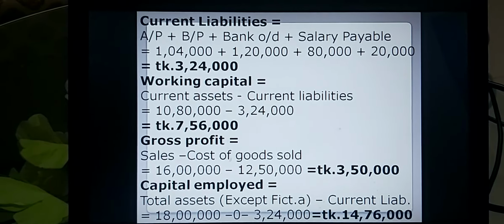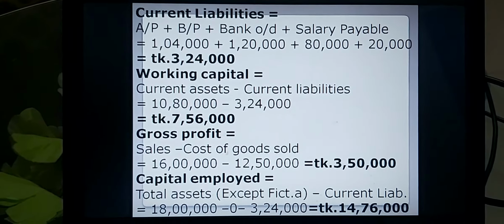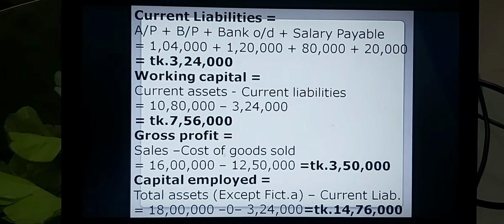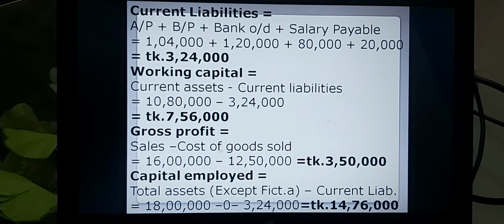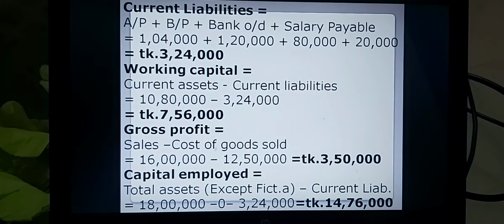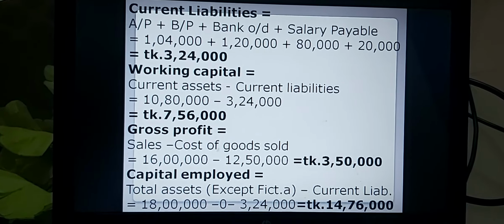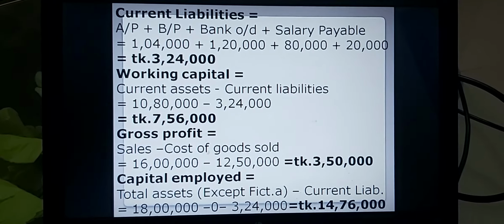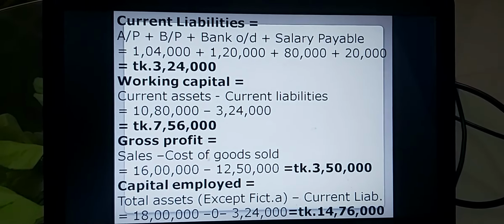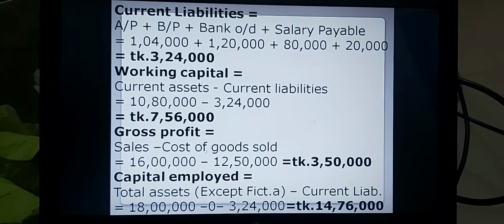Requirement B: determine the amount of current liabilities, working capital, gross profit, and capital employed. The first one is current liabilities. In this stem, a total of 4 items are related to current liabilities: accounts payable, bills payable, bank overdraft, and salary payable.